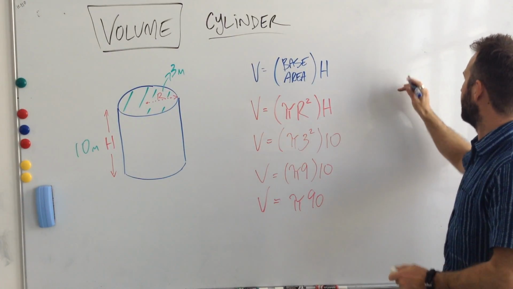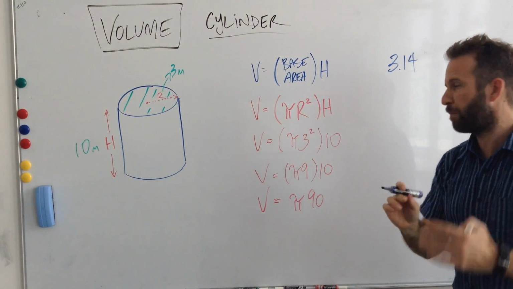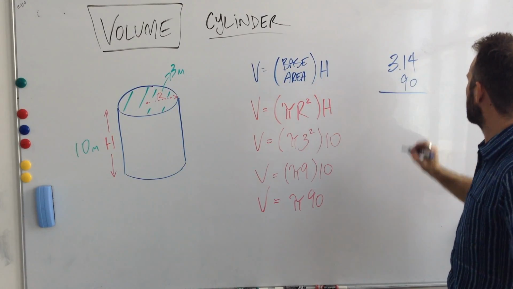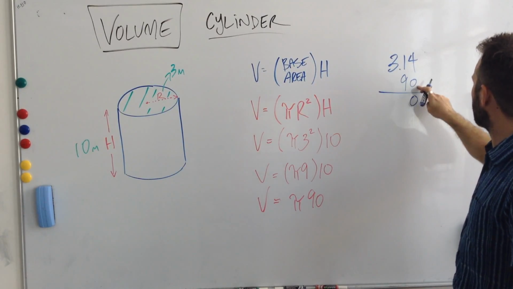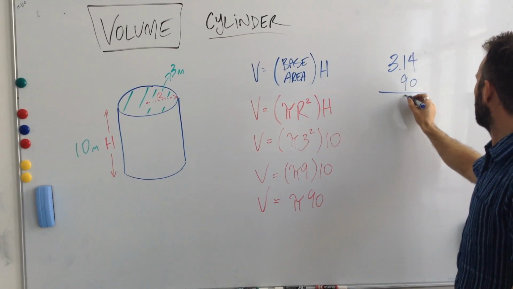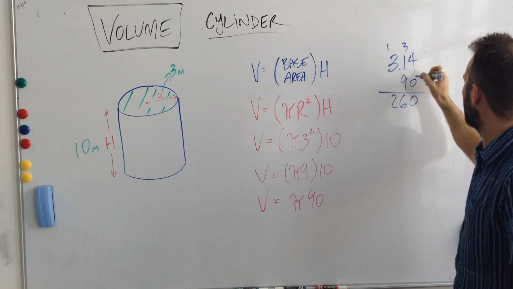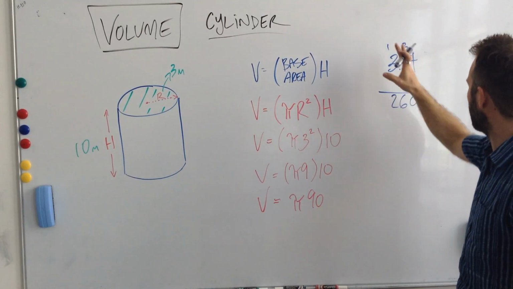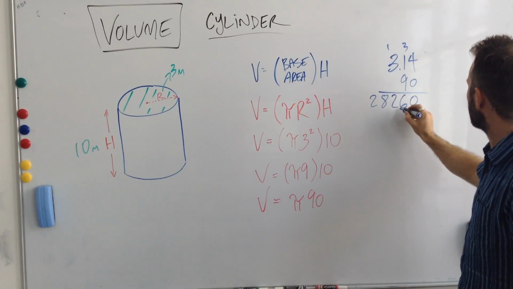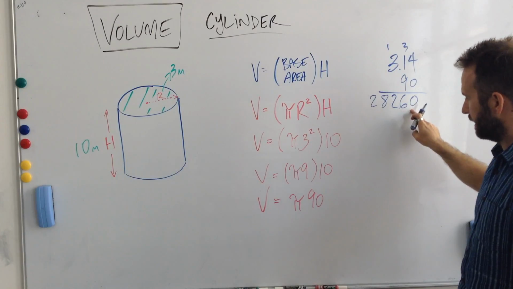So over on the side here, I'm just going to do a quick calculation. So I've got 3.14 for pi. I'm multiplying it by 90. So I'm going to set it up just like this. Now, because I've got a 0 there, of course, I'm just going to skip to that point there. So 9 4s, 36, that's 12, carry a 1, 3 9s is 27, and 1 is 28. I've got 2 places of decimal, so I'm going to end up there. 282.60.